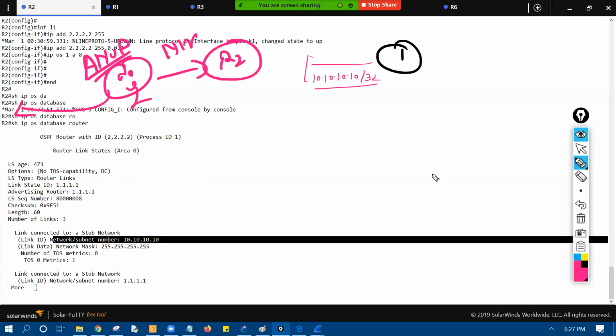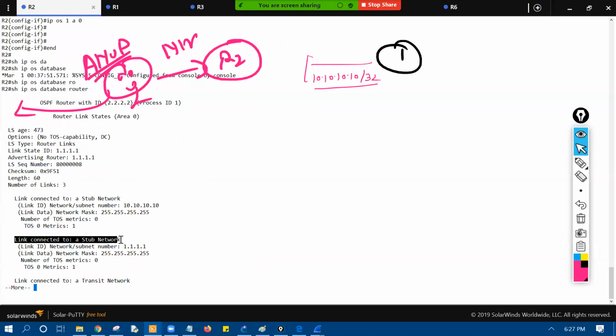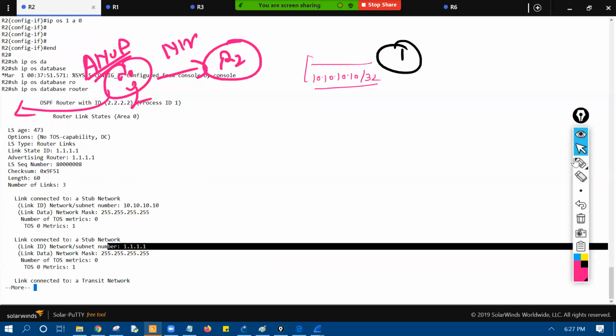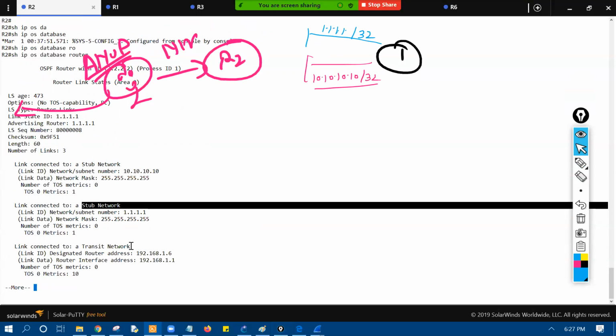Then a link connected to another stub network, that is 101. We have another loopback. Both are stub networks. Then the third is a link connected to the transit network.